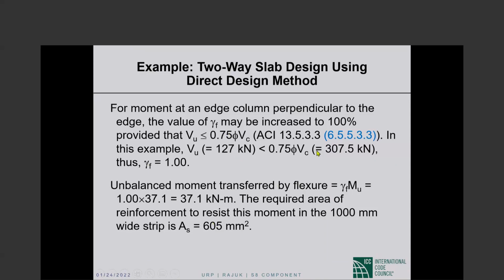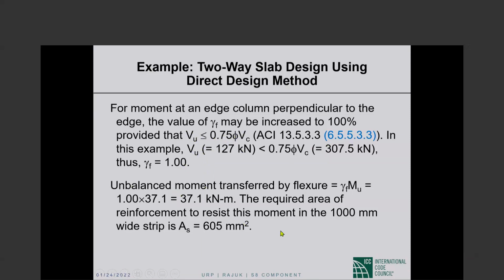Now, you have not seen that. This is tomorrow's topic. I'm not sure I showed you V sub u. Anyway, you can definitely trust me on that. We have the condition satisfied that will give us gamma sub f of 1, V sub u less than 75% of phi times V sub c.